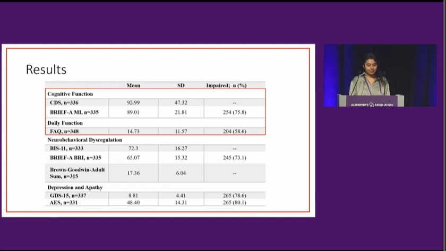Symptoms of neurobehavioral dysregulation were present in 73.1% of the sample, indicated by a T-score greater than 65 on the BRIEF-A BRI. And there were high rates of elevated scores for apathy, as 80.1% had an AES score of greater than 34, and depression, where 78.6% of the sample had a GDS score of greater than 4.